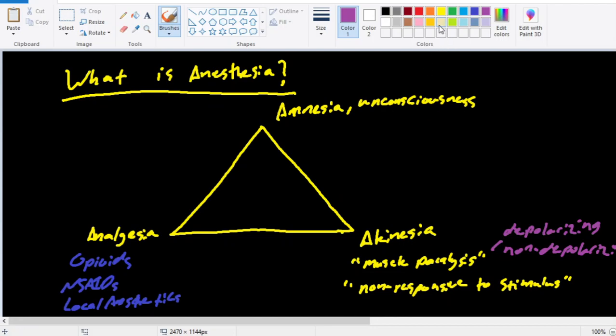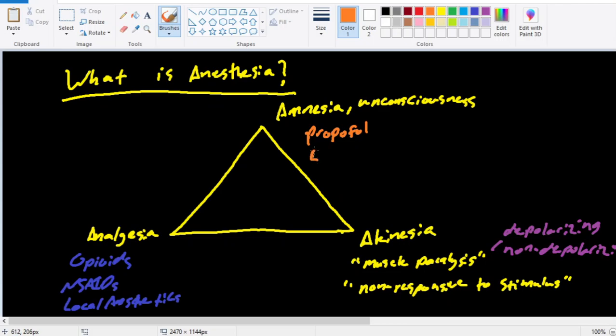And then if you want to provide amnesia and a state of unconsciousness, your medications, such as propofol, fall under this category.